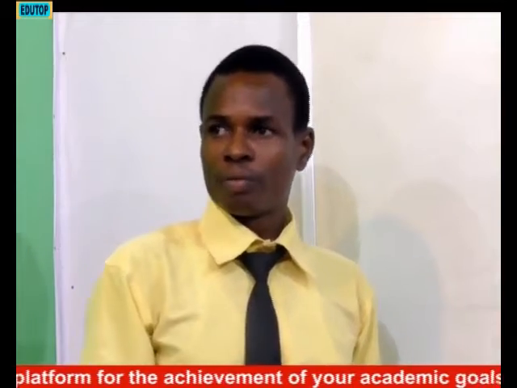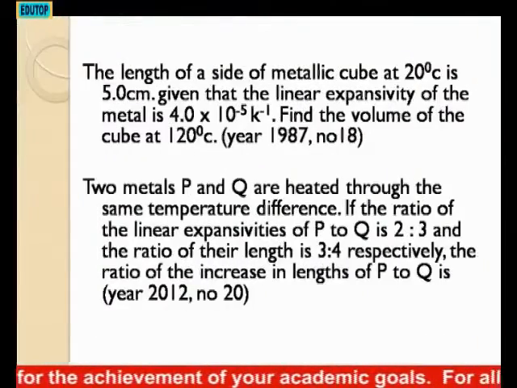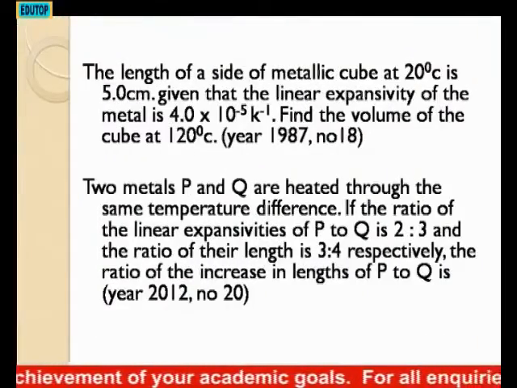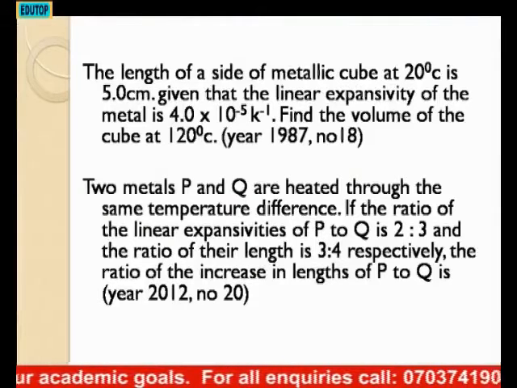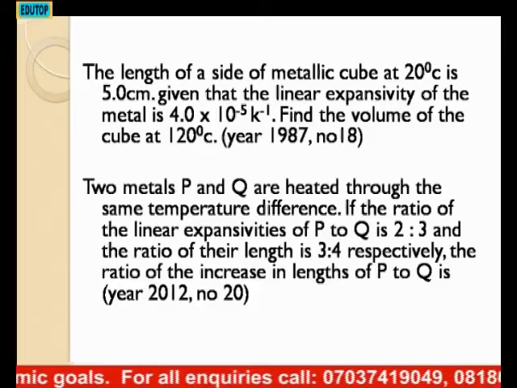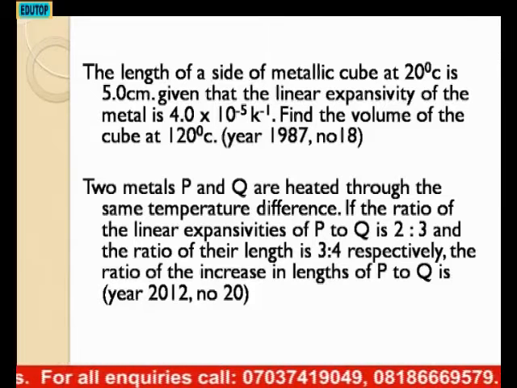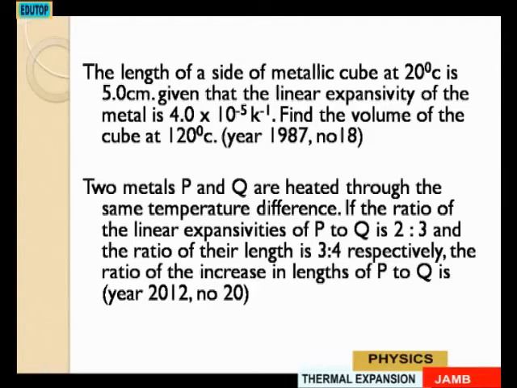Question number 4. The question says the length of a side of a metallic cube at 20 degrees Celsius is 5.0 centimeter. Given that the linear expansivity of the metal is 4.0 times 10 raised to the power -5 per Kelvin, find the volume of the cube at 120 degrees Celsius.